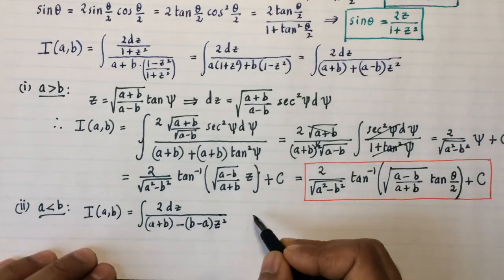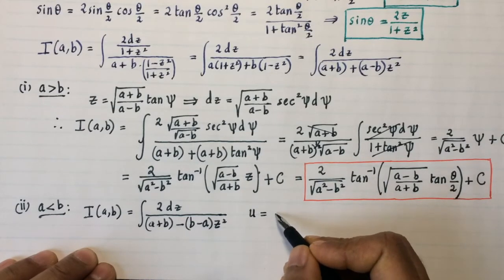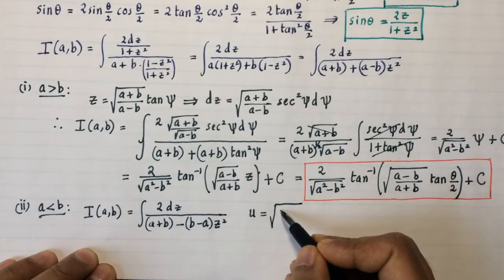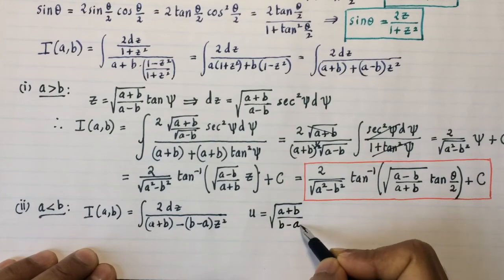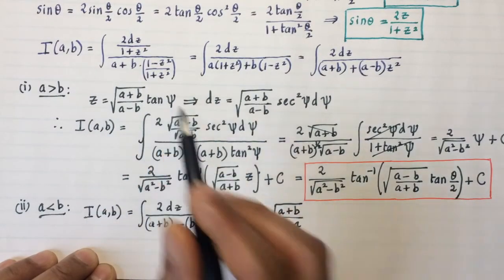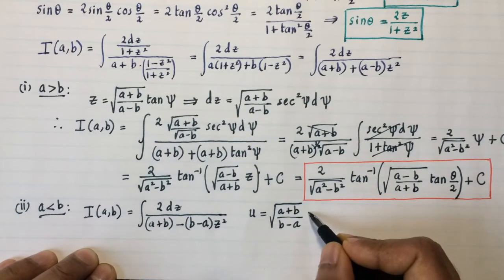Okay, now I can make a u substitution, and that u substitution is the following. It's the square root of a plus b over b minus a. So just as I had the z substitution there in terms of psi, I'm having a u substitution here times z.